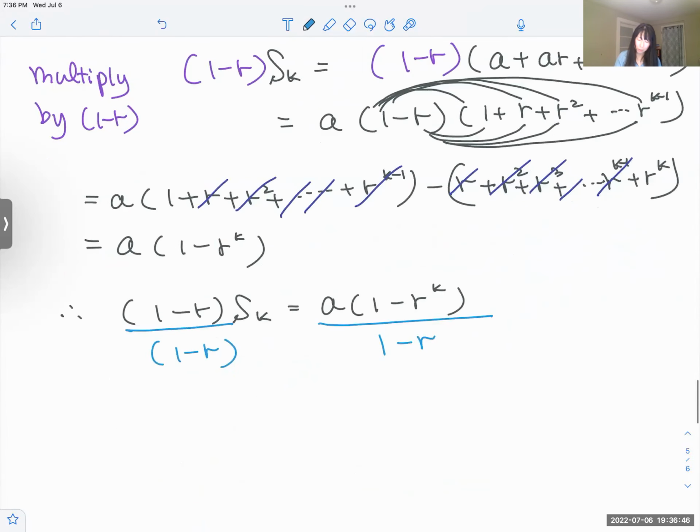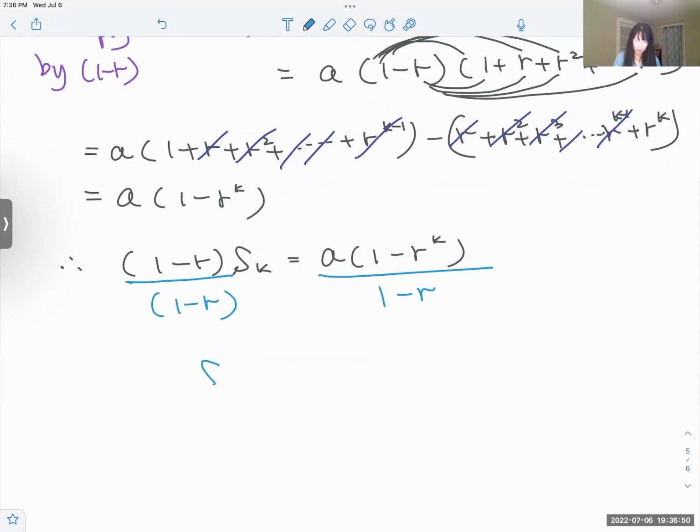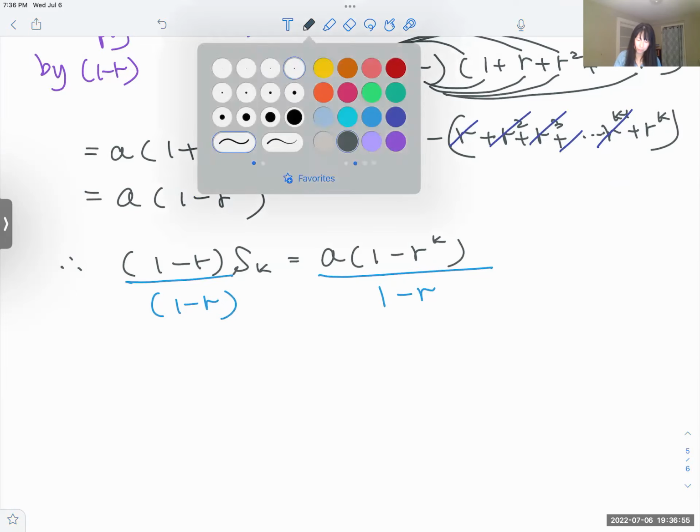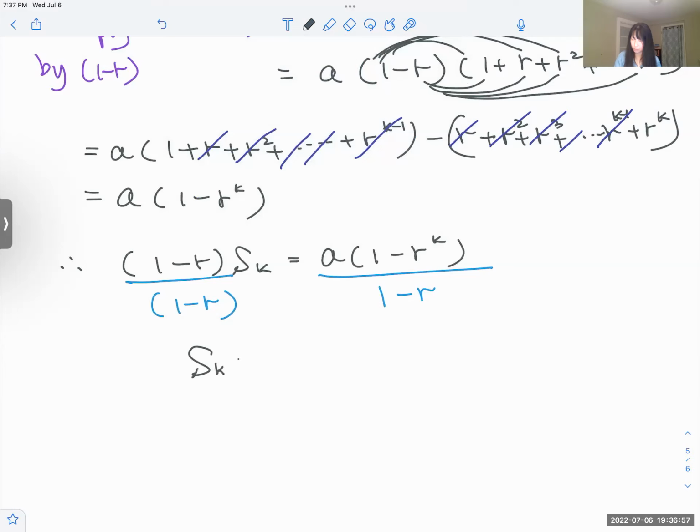Let me summarize: S of k, which is the partial sum, equals a times 1 minus r to the k over 1 minus r. We already said that r cannot be equal to plus or minus 1, so it is undefined there, right?